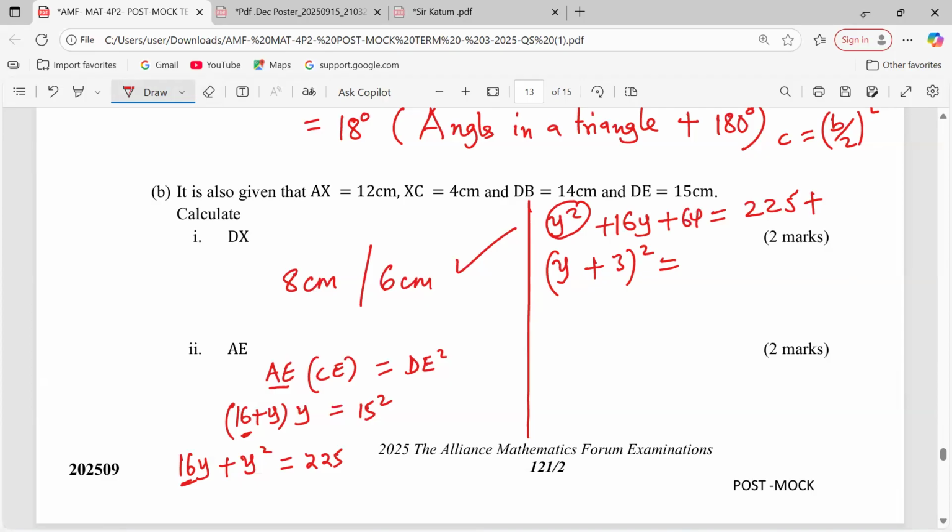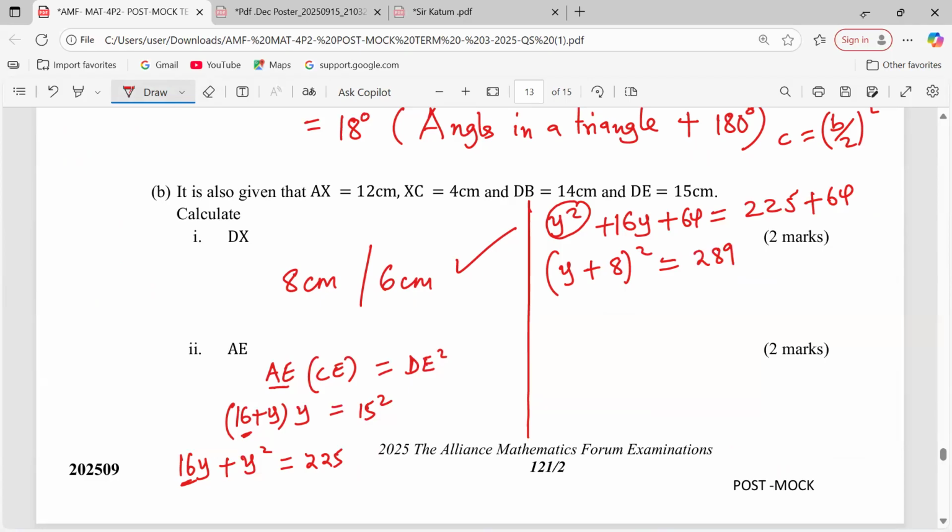So we are adding 64 and also 64 here. Sorry for that. Then now we factorize the left-hand side, whereby we need the square root of y squared, sign that follows, and 8 squared equals, we add 225 to 64, we get 289.